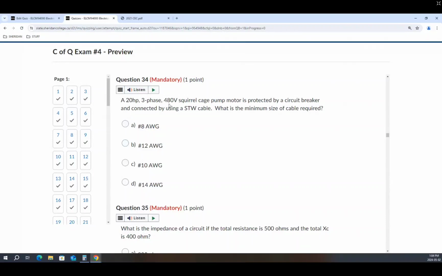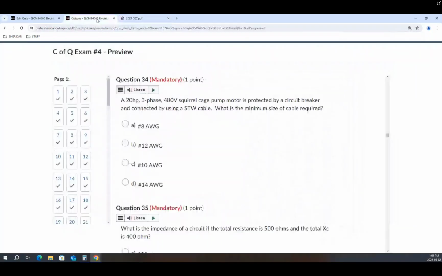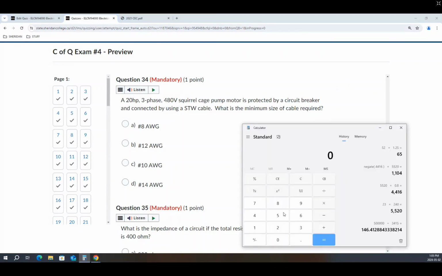So I'm looking at a 20 horse, 480 volt. 27 amps. And my FLA is 27 amps. So I've got to do my FLA times 125%. So I'm going 27 times 1.25.